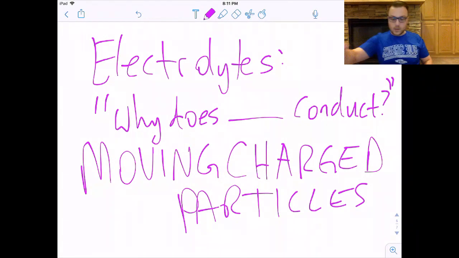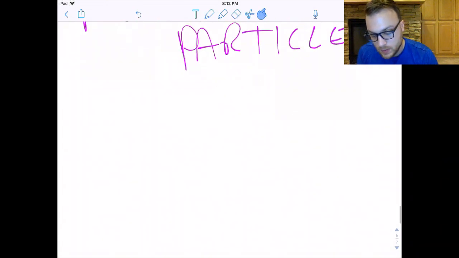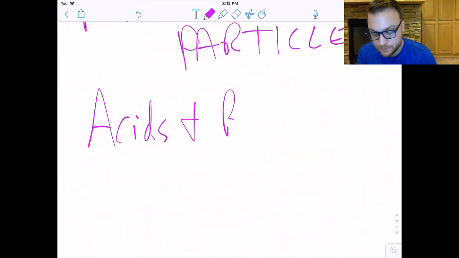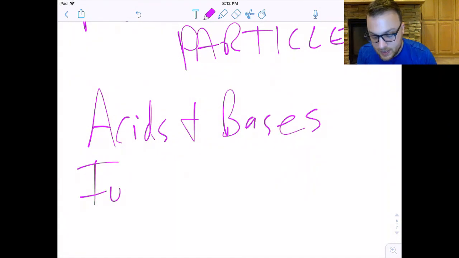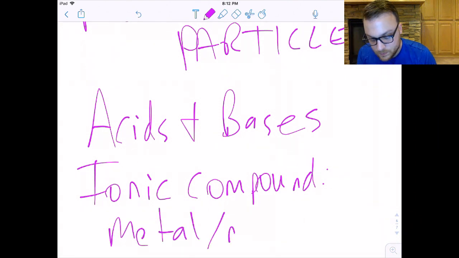So, what are some things we consider to be an electrolyte? Acids and bases are electrolytes, and any ionic compound, so any compound with a metal and a nonmetal, because that's what an ionic compound typically is.